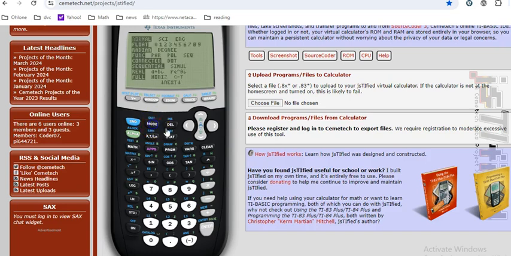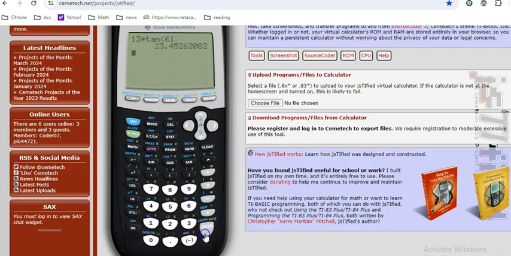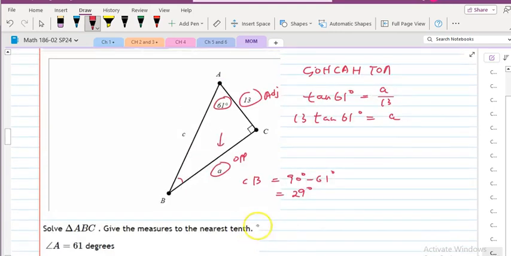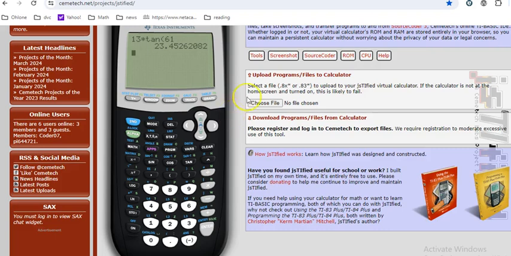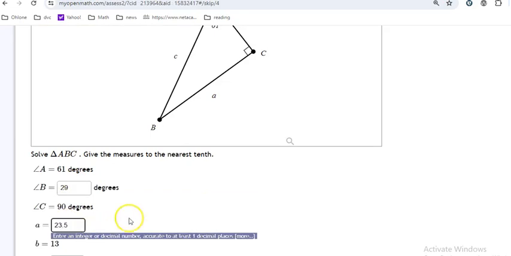Oh, I need to make sure that this is in degree mode now because we are not doing radians. 13 times tangent of 61. 23.45, nearest tenth, 23.45 will be 23.5. So let's enter in: 29, 23.5.